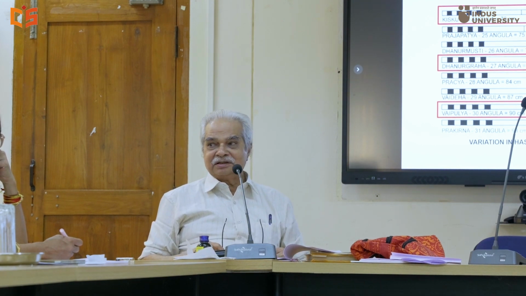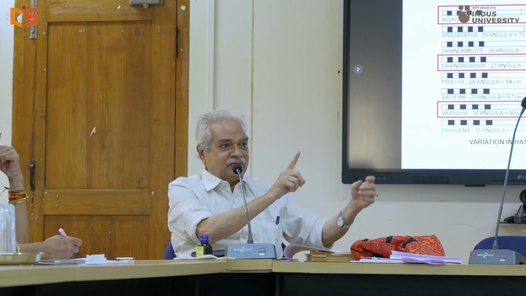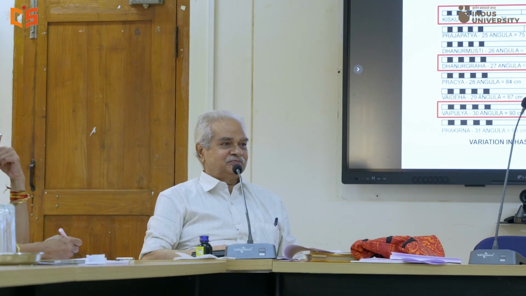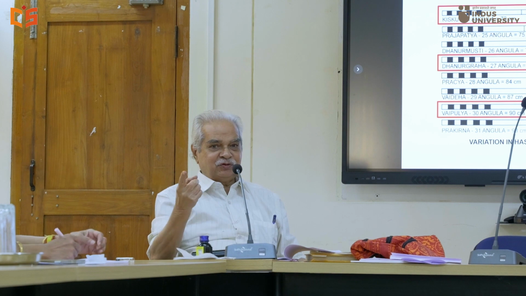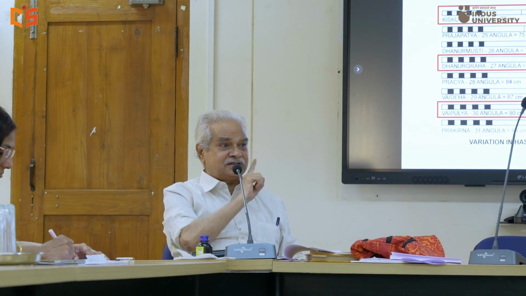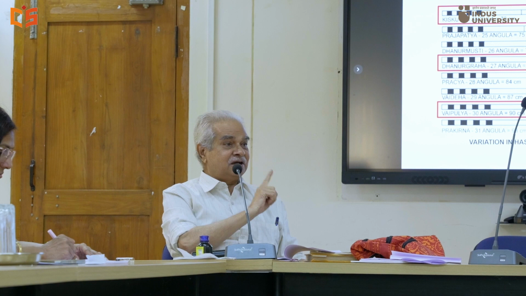And lastly comes the Vaibhulya, the largest one, which has 90 centimeters. That's the British, because 1 hasta is 3 padas, and 1 pada is 1 foot length. 3 feet make a yard. So the hasta measure is the yardstick of the British people.